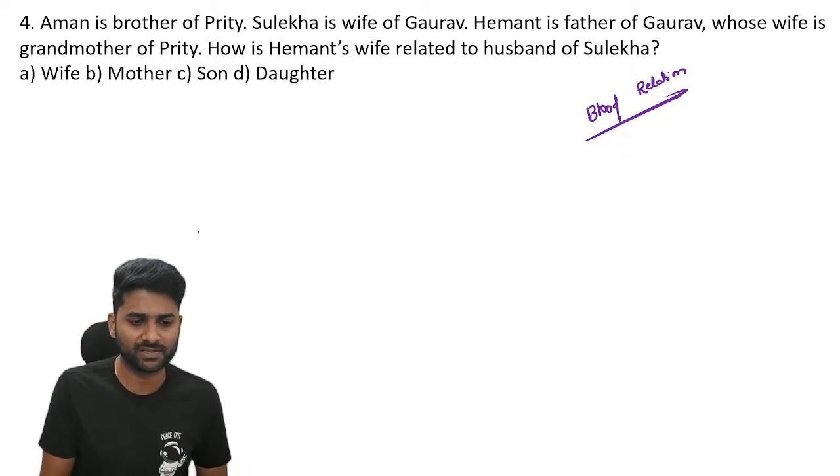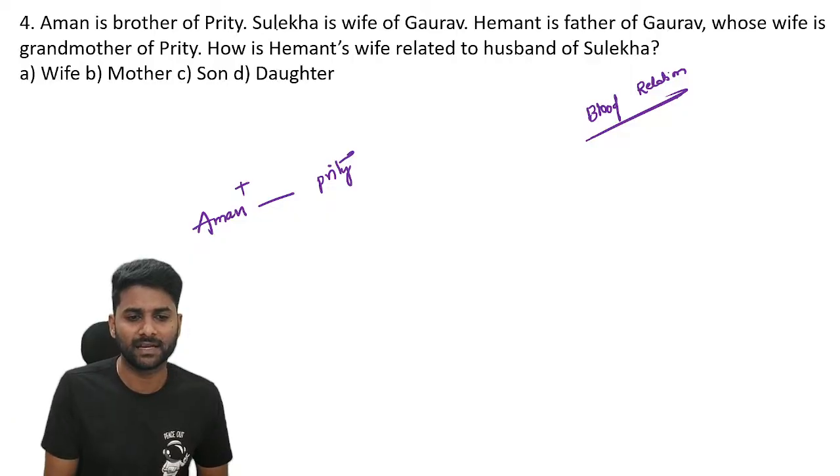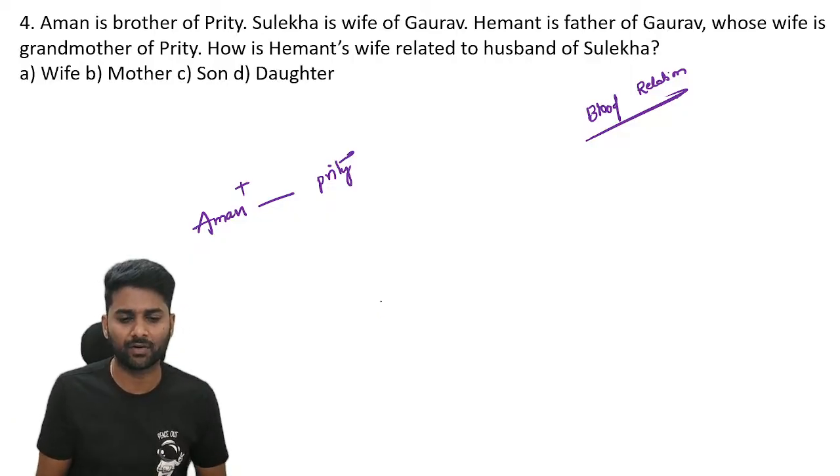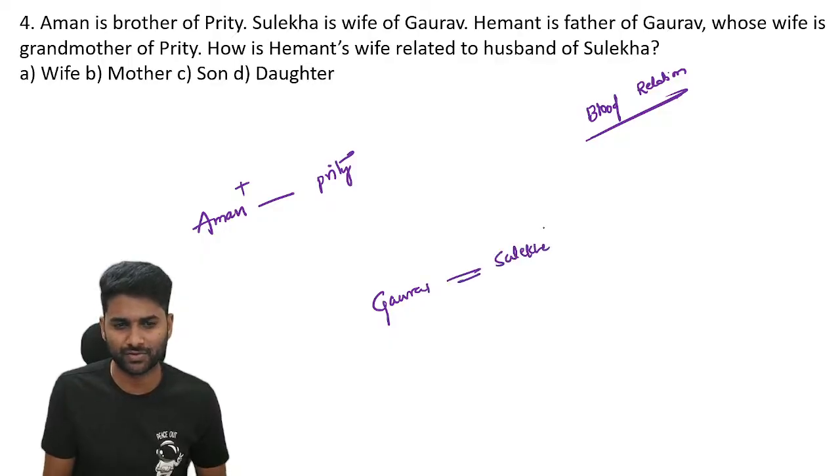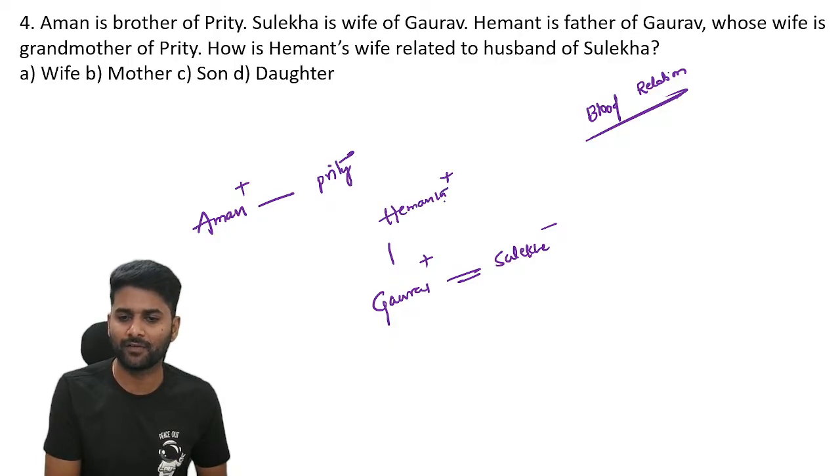First information says that Aman is brother of Preeti. Second one, Sulekha is wife of Gaurav. Let's take the other information, Gaurav, and mention that Sulekha. So Sulekha is wife, Gaurav is husband. Hemant is father of Gaurav. So Hemant is father. Hemant is father of Gaurav.